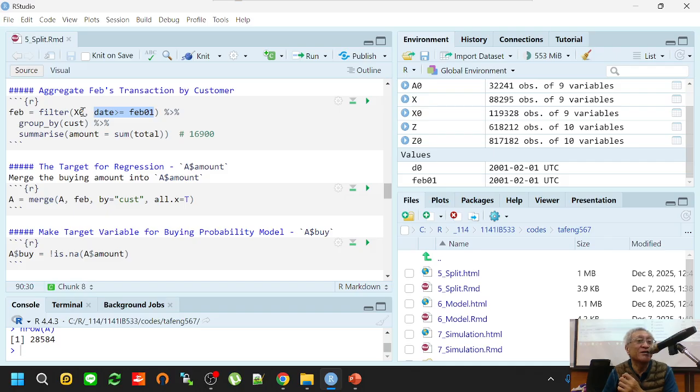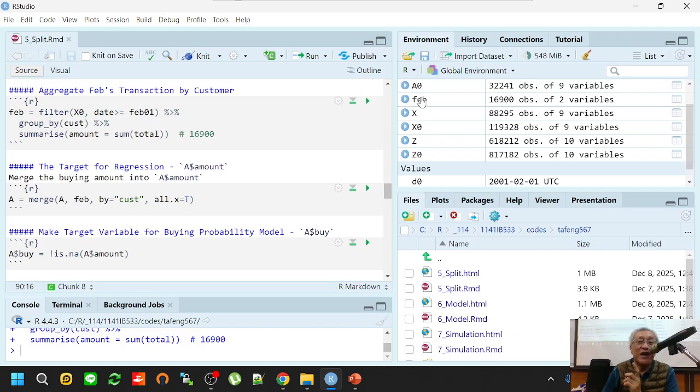So when we do this filtering and the group by summary, we will have the FEV data frame, right? And this FEV only has about 17,000 customers, okay? It's because in February only these customers buy from us, and only those customers who buy from us will have a transaction, okay?